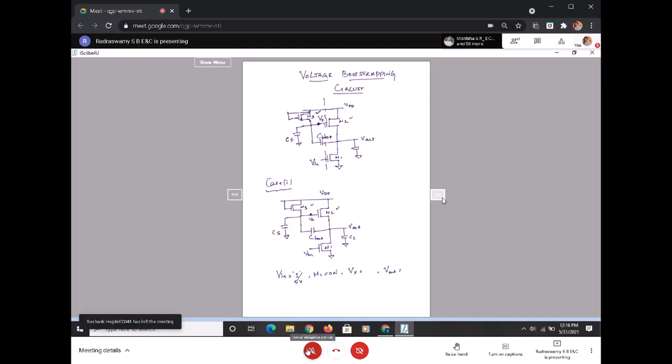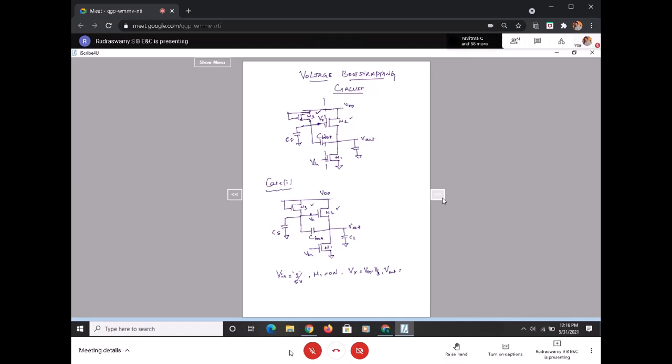The gate voltage at M2 and the output voltage. Vx is equal to VDD minus VT3. Okay, that's good.